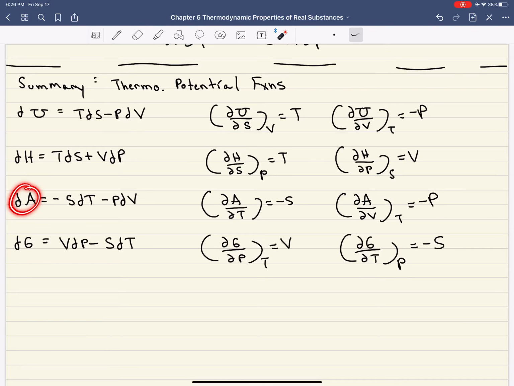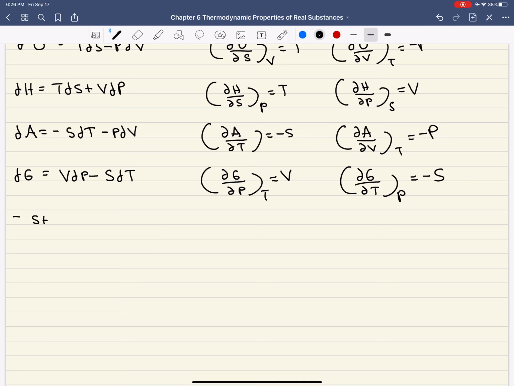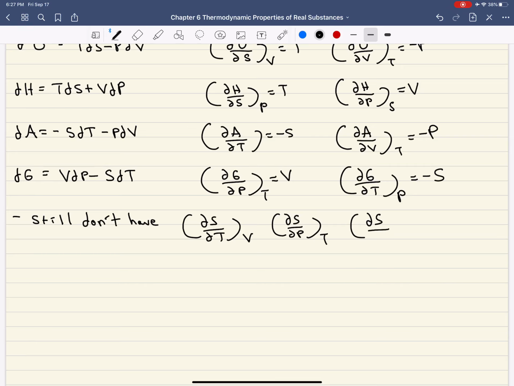Okay? All right, and so these are all the identities, and the main benefit of doing the Legendre transform is that for these new energies we developed, their canonical variables are now in terms of measurables. But we're still not quite near our goal of having dS/dT at constant volume, dS/dP at constant temperature, or dS/dV at constant temperature.